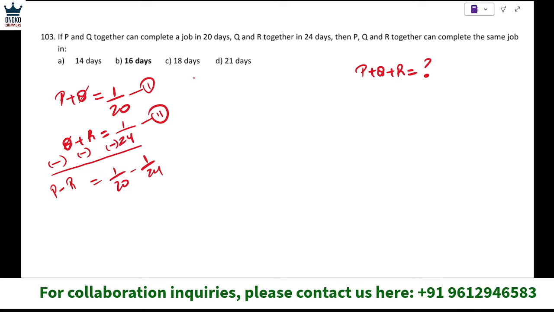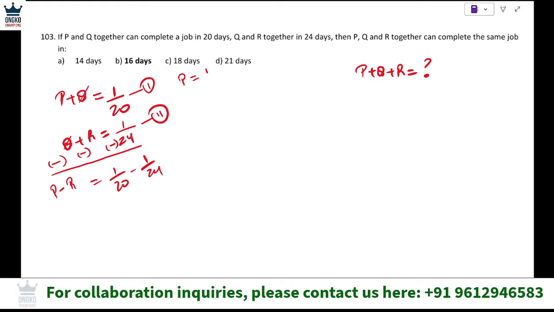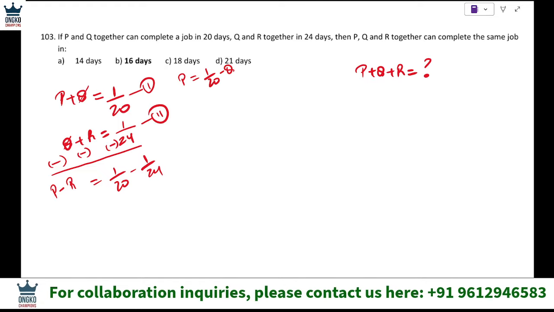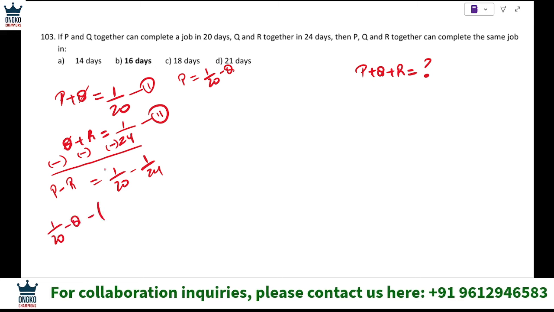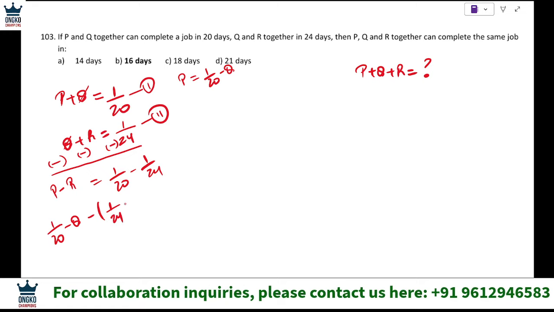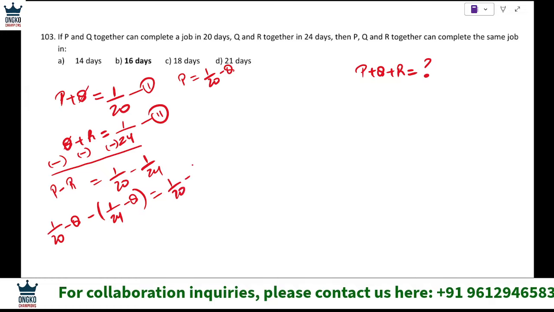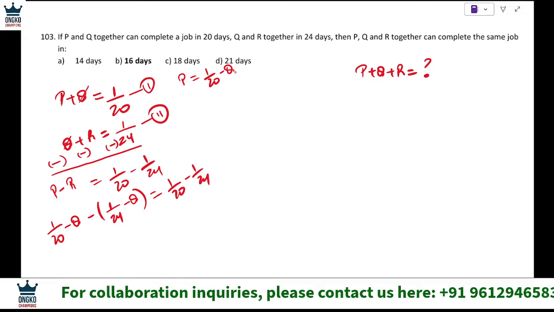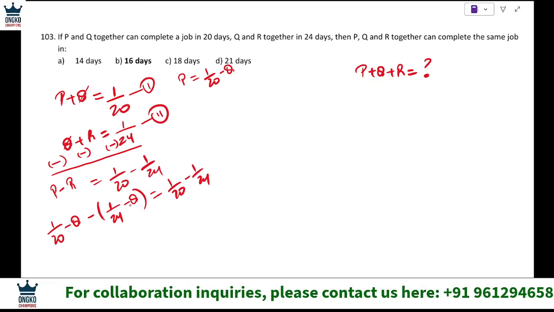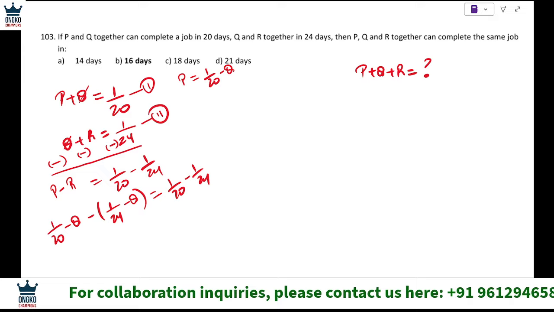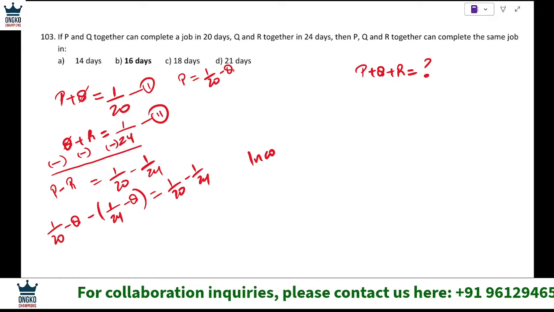So P will be what? 1 by 20 minus Q. So writing this 1 by 20 minus Q, minus bracket R is 1 by 24 and then minus Q. So yes, we cannot solve it. This is an incomplete question, right? Because minus and plus will cancel Q. So this is an incomplete question.